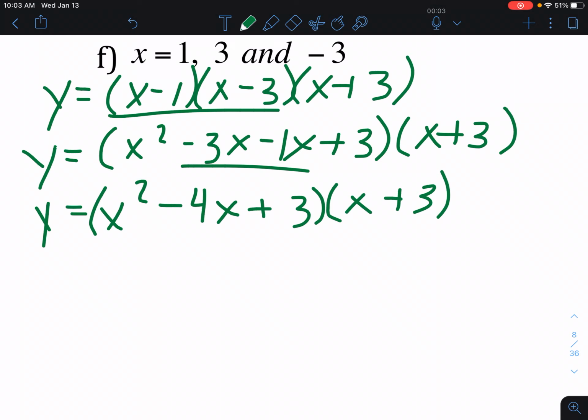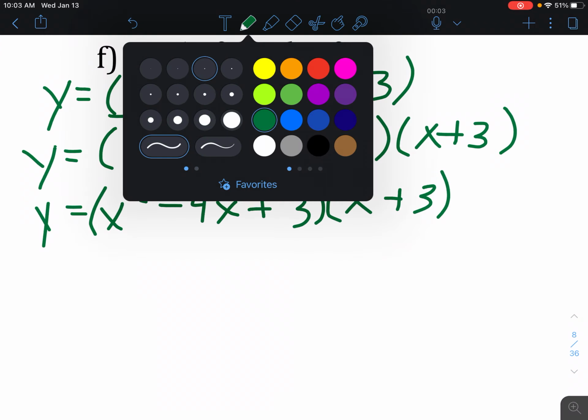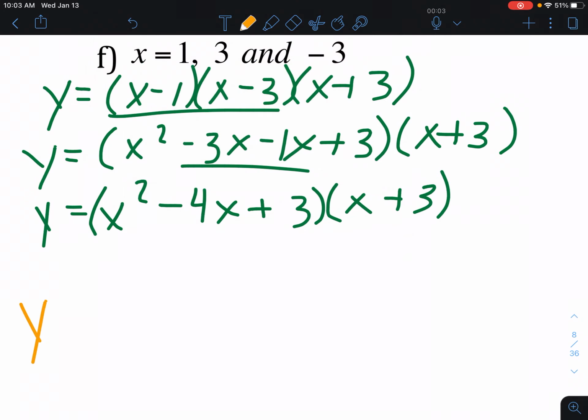And then we have a trinomial times a binomial. Just like last problem, we're going to multiply 6 times and then try to distribute. So start with the x squared. X squared times x. X squared times 3.